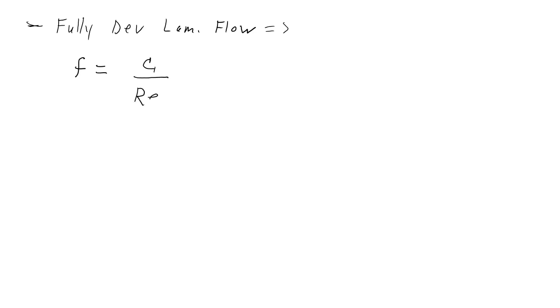Okay, so then the last piece of information that we need is that when you have fully developed laminar flow, this is for flow in non-circular ducts, you usually get a relationship that f, the friction factor, is just equal to some constant divided by Re_DH, where Re_DH is the Reynolds number, but based on the hydraulic diameter.